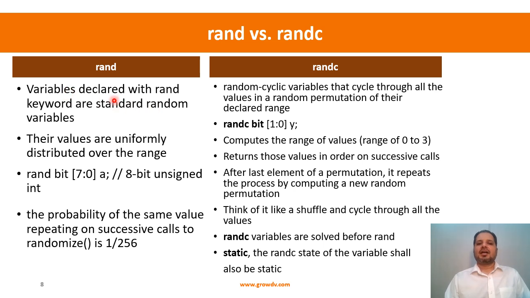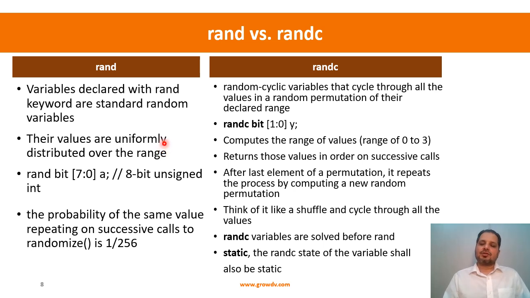A variable declared with the rand keyword is a standard random variable, and its values are uniformly distributed over the range. Whatever range you constrain, or if you don't constrain, then all the possible values that a particular data type can take will be uniformly distributed. Uniformly means every value will have an equal chance to occur.